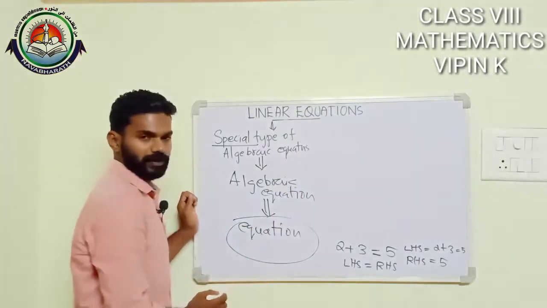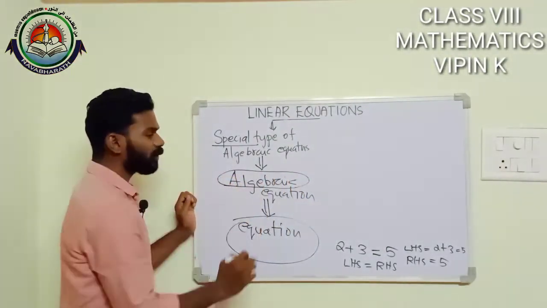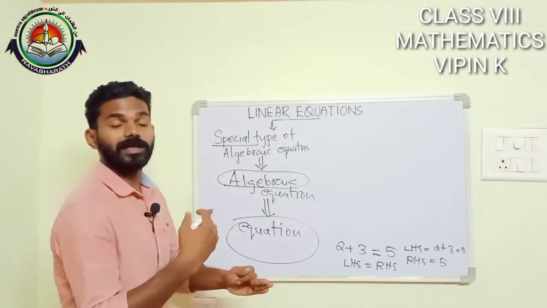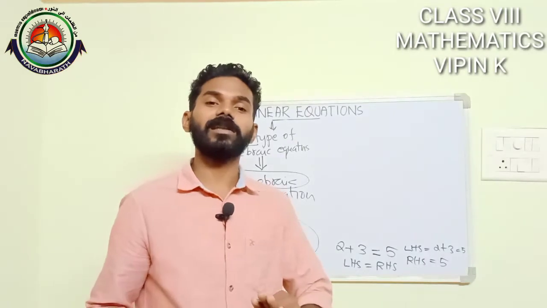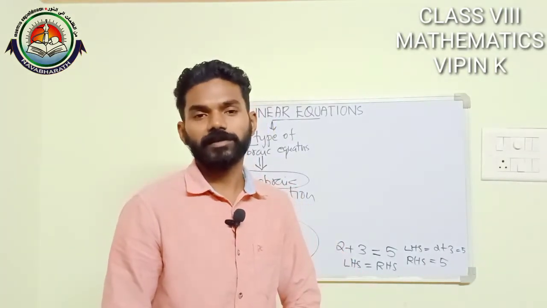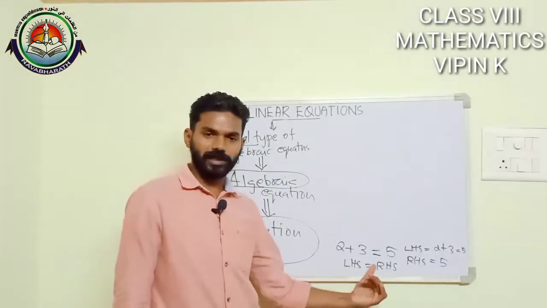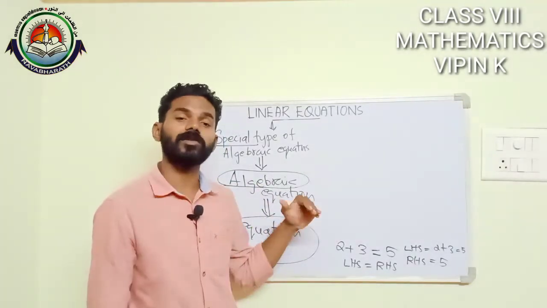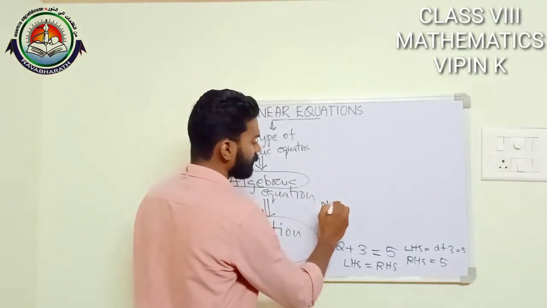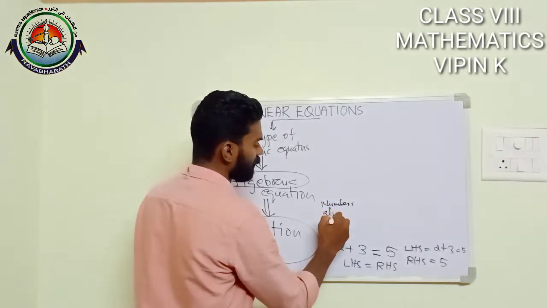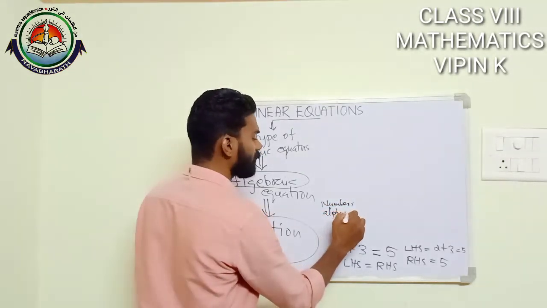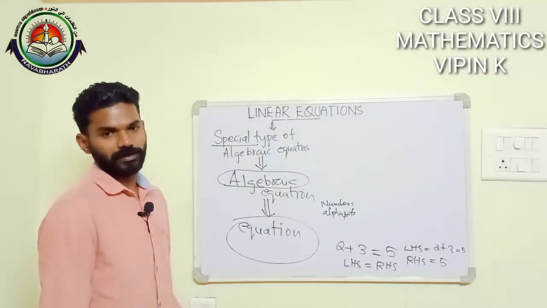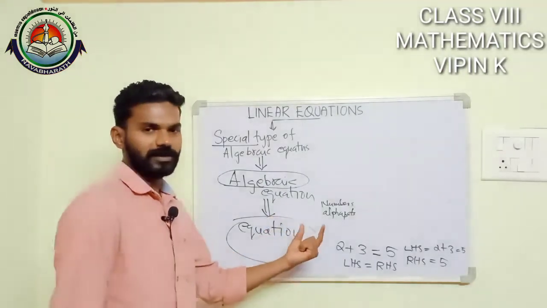Now let's discuss an algebraic equation. An algebraic equation simply means an equation in which certain alphabets are also present. In the previous equation you can see only numbers, but in an algebraic equation there are numbers as well as alphabets. Let's take some examples.